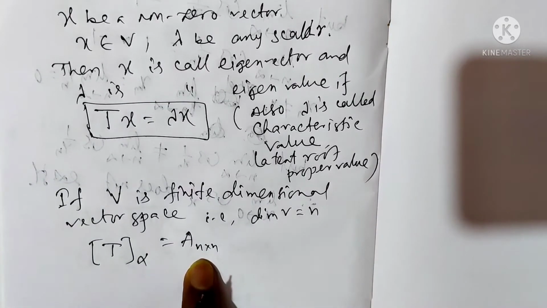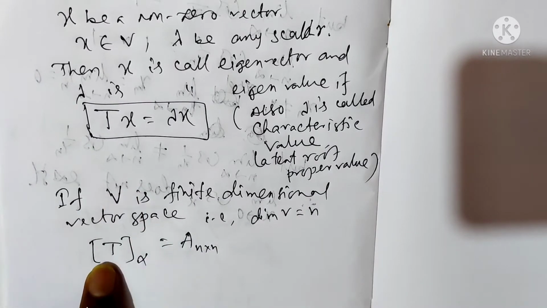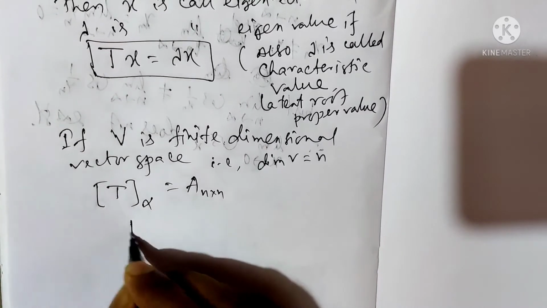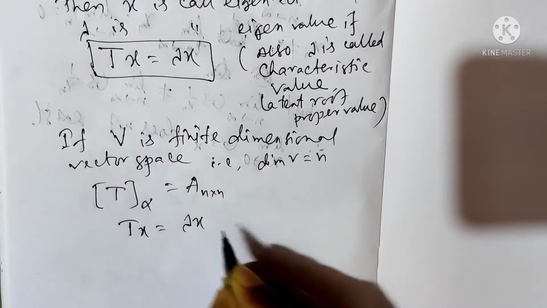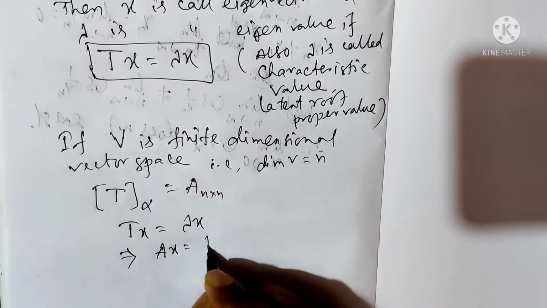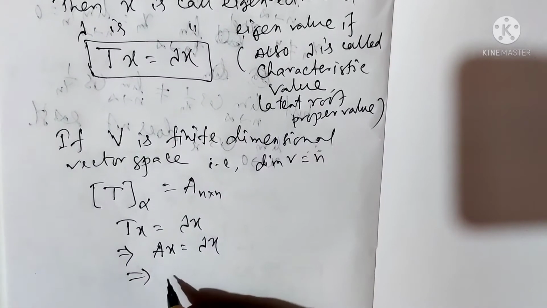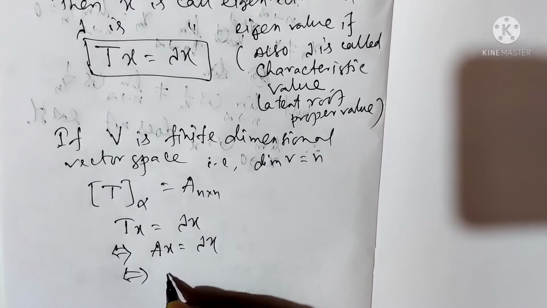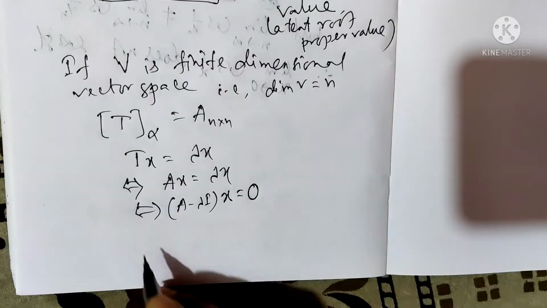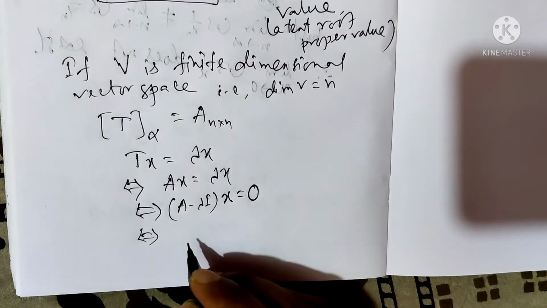If V is finite dimensional, then T can be written as a matrix representation, and T x equals lambda x implies A x equals lambda x, which implies (A minus lambda I) x equals the zero vector.